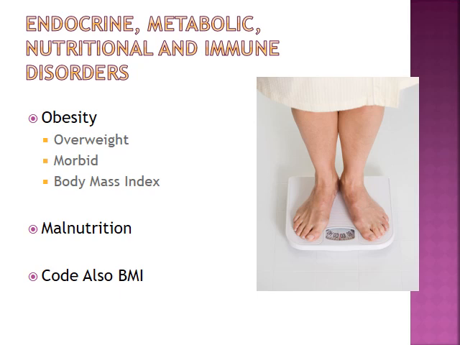For both obesity and malnutrition, assign the BMI, if documented. Do not code the BMI unless a diagnosis of obesity or malnutrition is given. The BMI is an additional code to be assigned.